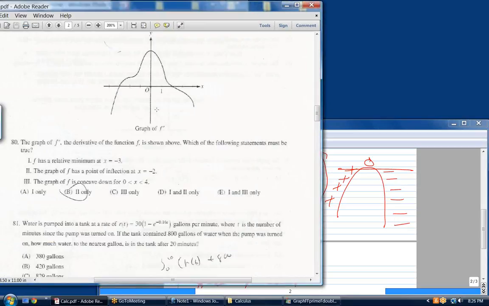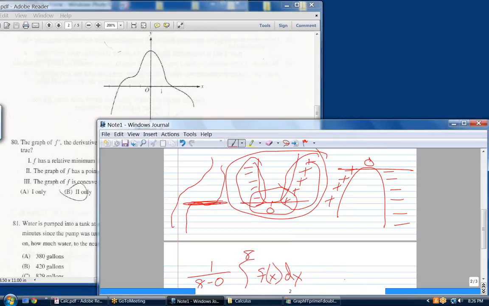Well, if we look at this, the second derivative is going to be the slopes of the first derivative. So the second derivative is clearly 0 right here, so there's an inflection point. But I can't say for sure whether we have a slope of 0 right there. And it doesn't really look like we do. It looks like it's more like this than it is like this.